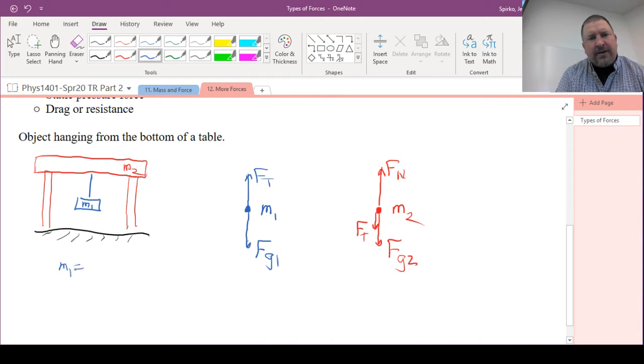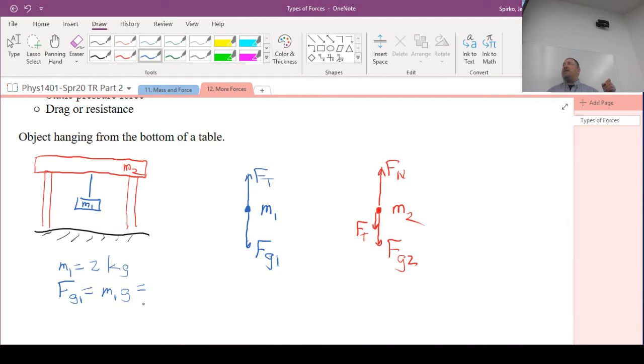Say M1 is equal to 2 kilograms. So Fg1 is M1g. We talked about how the force of gravity is calculated by taking our mass times 9.8 newtons per kilogram. And that comes out to 19.6 newtons.